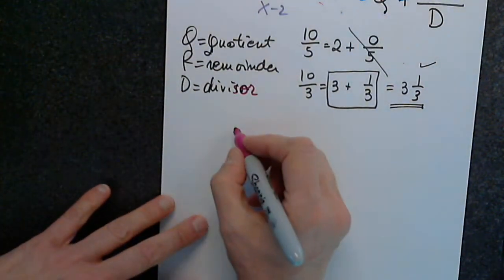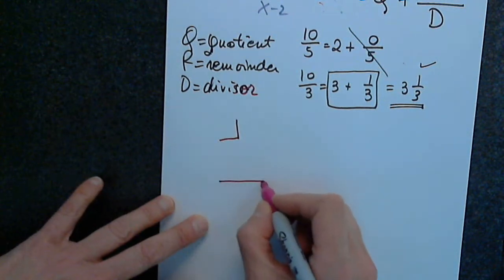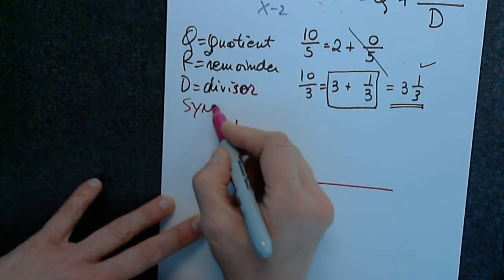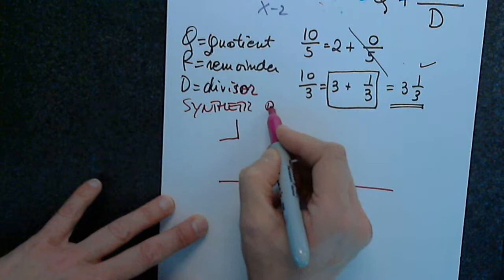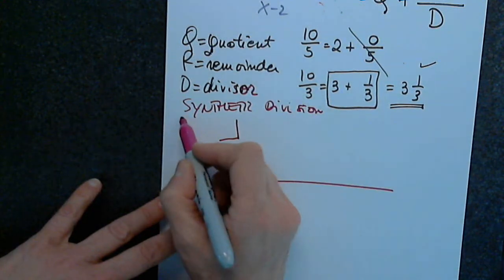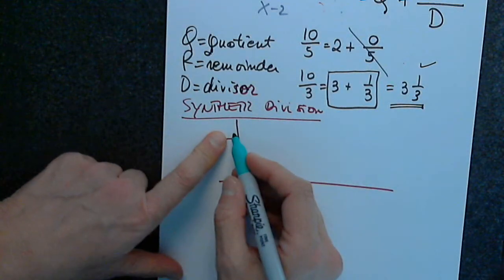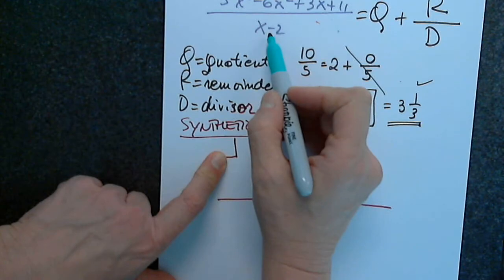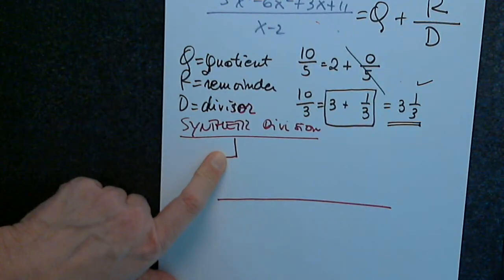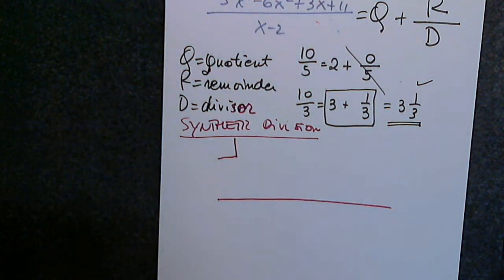Okay, very good. So synthetic division requires us to put a number in the box. We wanted to start with synthetic, right?